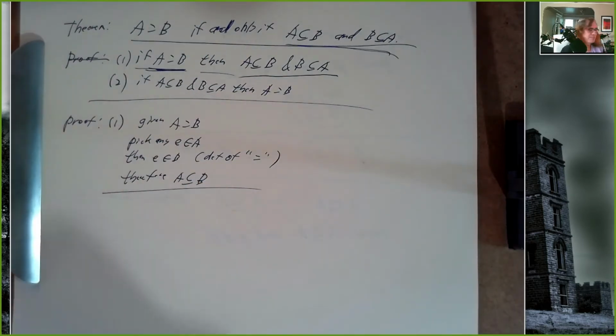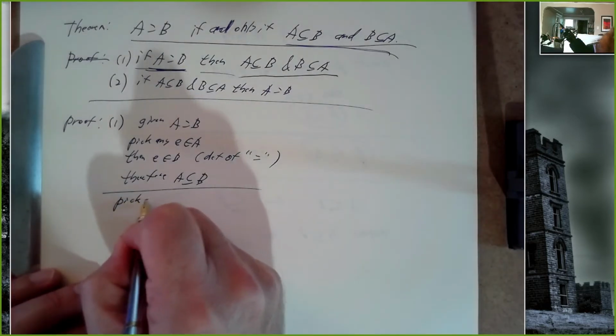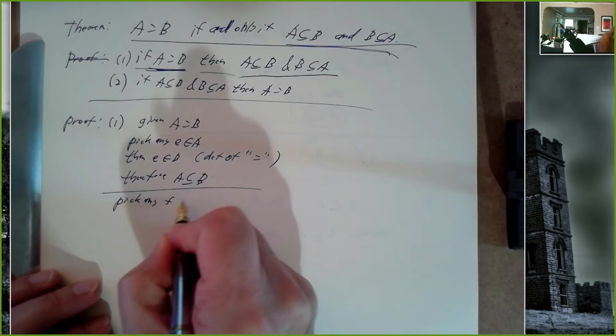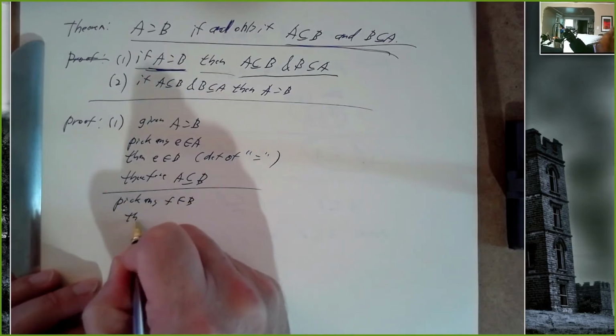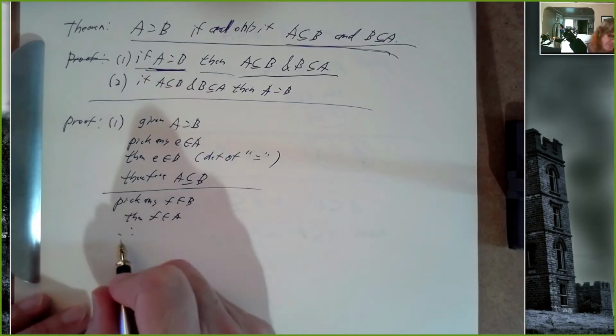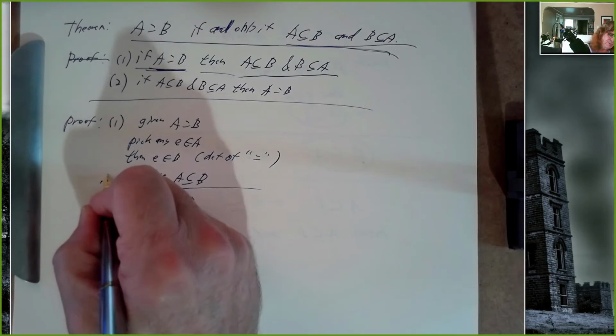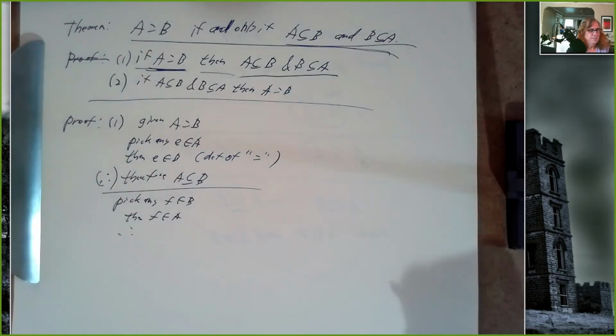And I can do the same thing but flip it around. Pick any element F contained in B, then F is contained in A. Therefore, and my three dots here is an abbreviation for the word therefore. And we say therefore a lot when we're doing proofs.